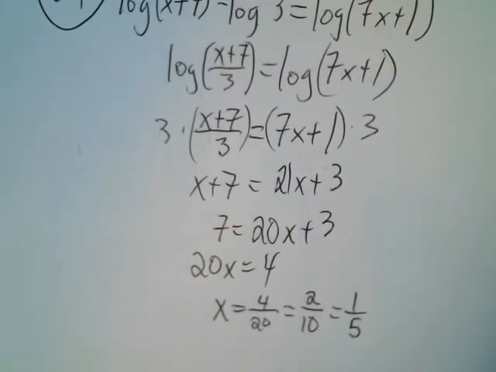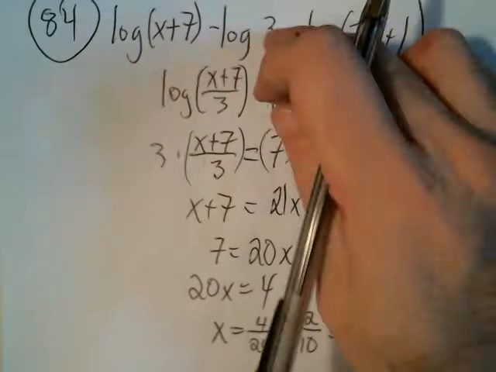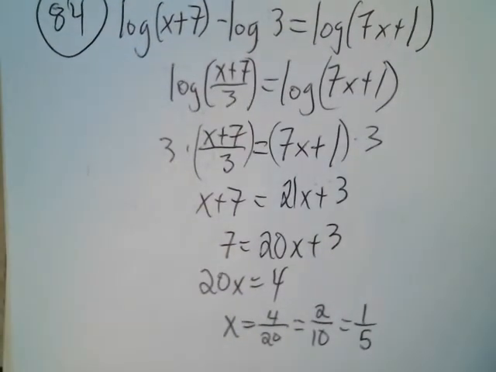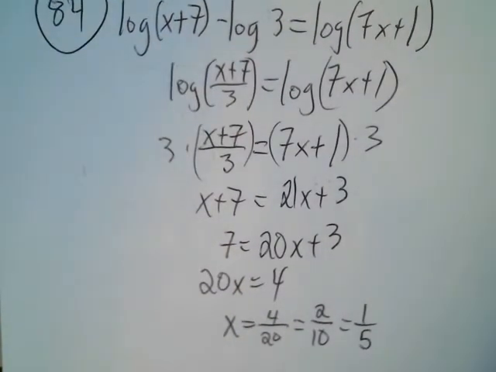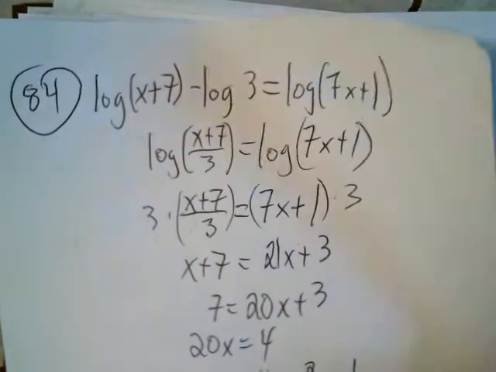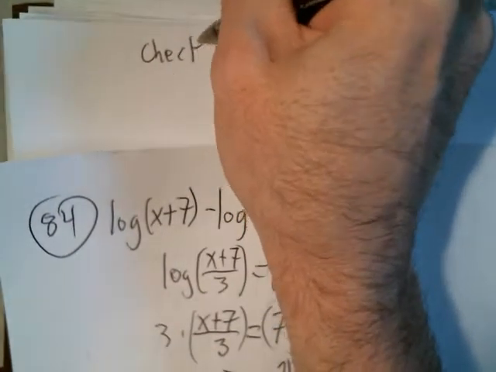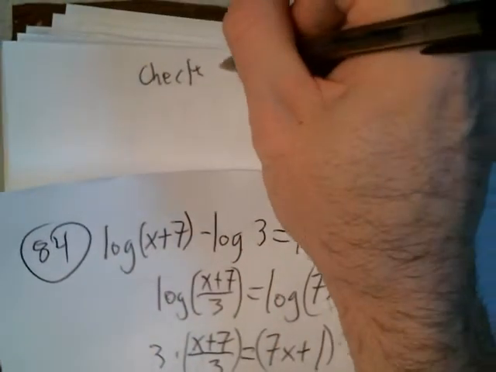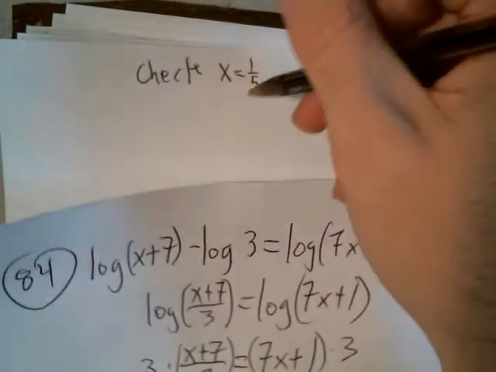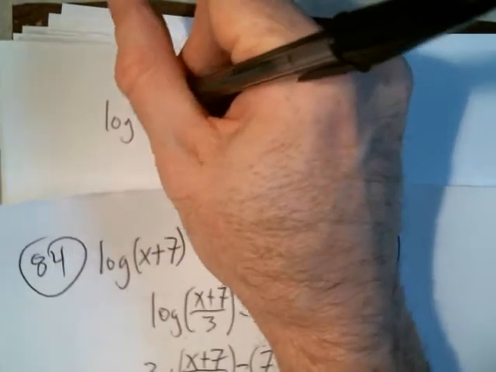We still need to check this in the original logarithmic equation. So let's go ahead and do that. The check of x is 1/5. I'm plugging it into the original expression.